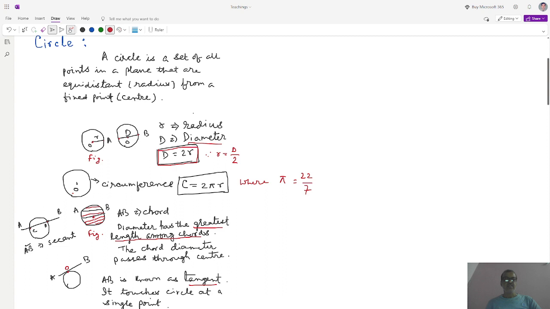There are infinite number of chords, but the chord which passes through the center is named the diameter. It has the greatest length among the chords. The chord diameter passes through the center. Already I told.